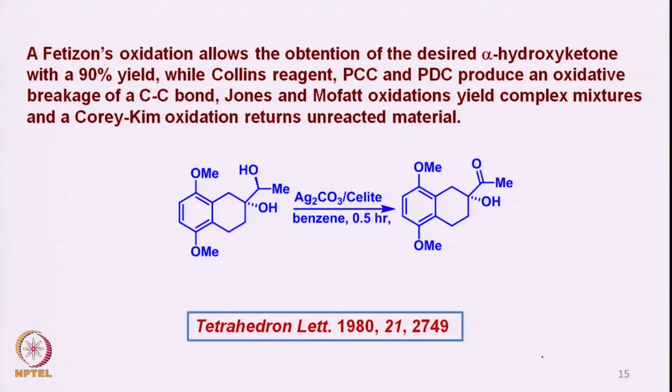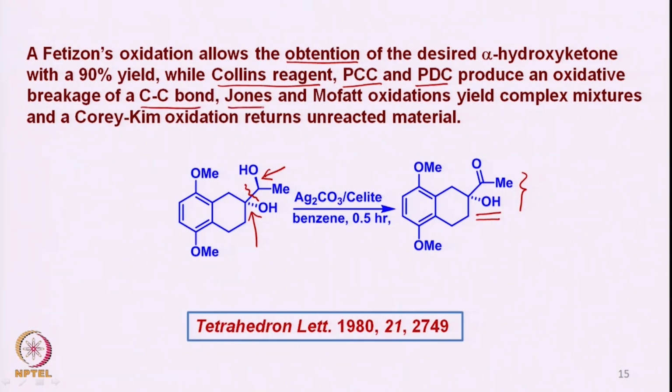Now, a Fetizon's oxidation allows the obtention of the desired alpha hydroxy ketone of this kind. This is exactly what I mentioned before, that if we have a tertiary hydroxy group here and a secondary hydroxy group here, then the oxidation can lead to the alpha hydroxy ketone without any cleavage of the CC bond, whereas the Collins reagent, PCC, pyridinium chlorochromate, and pyridinium dichromate produce an oxidative cleavage of the CC bond.